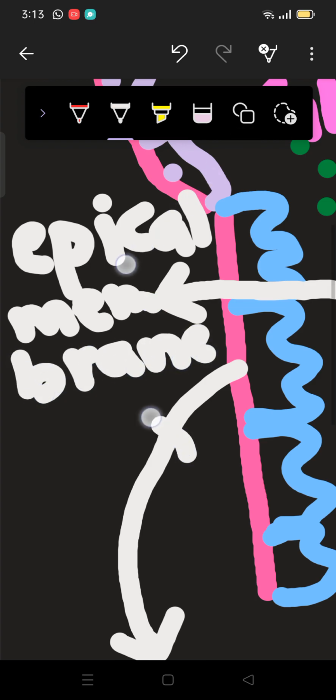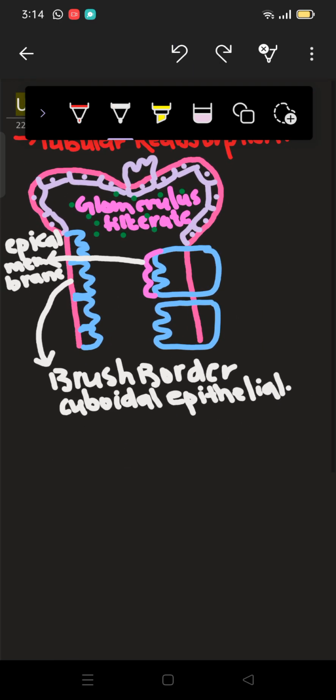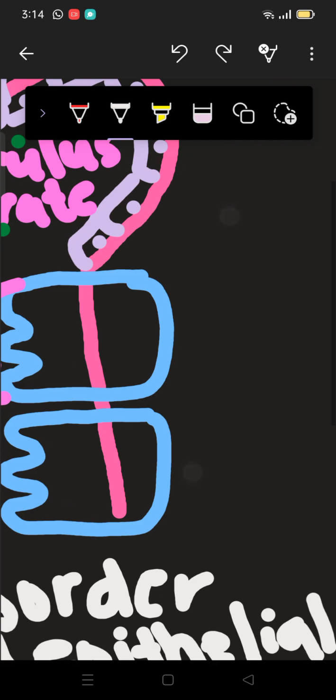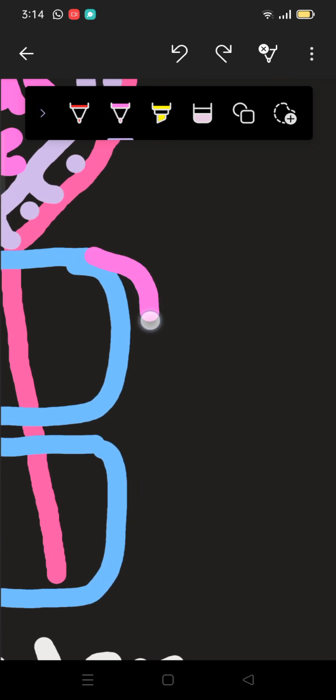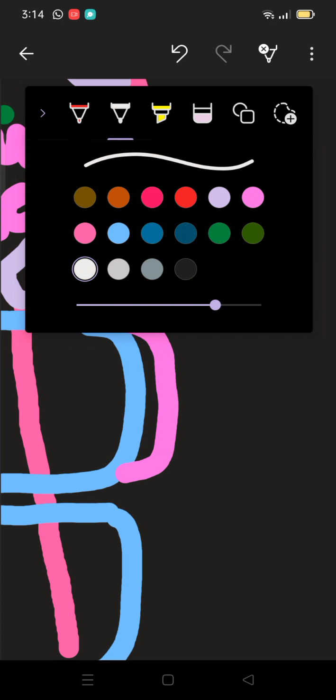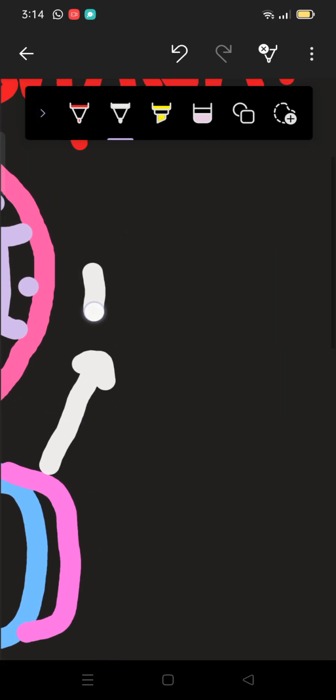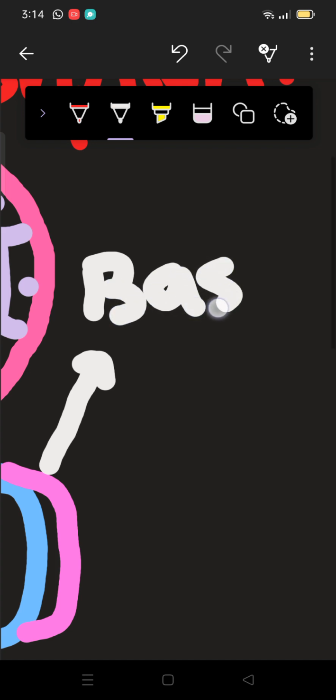And we have a membrane here as well, which is known as the basolateral membrane.